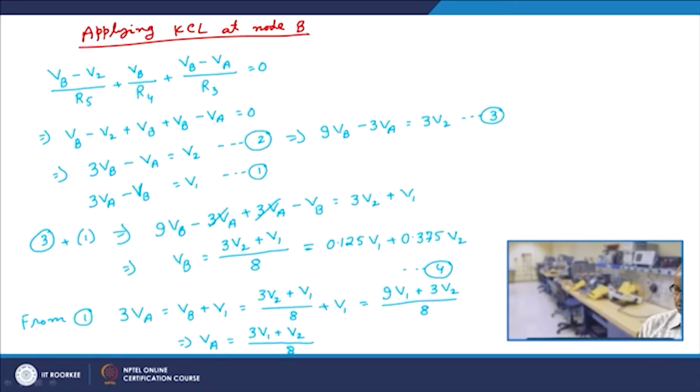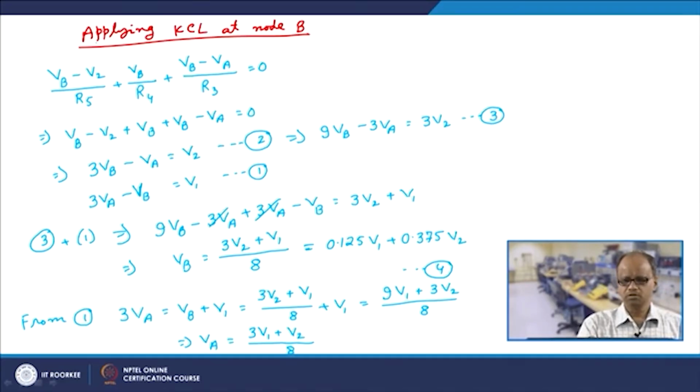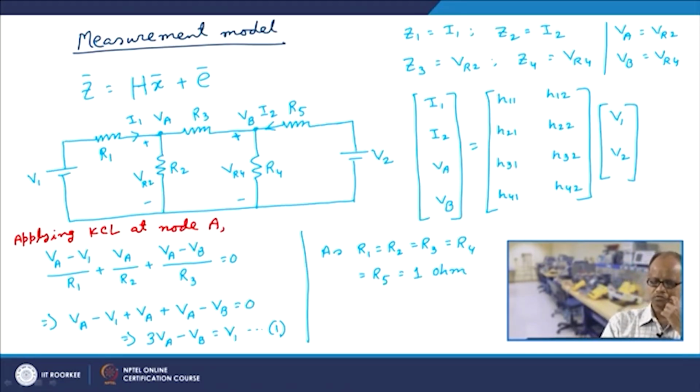So it is 0.375 V1 plus 0.125 V2. So this is equation 5. So we have got these two voltages VA and VB.